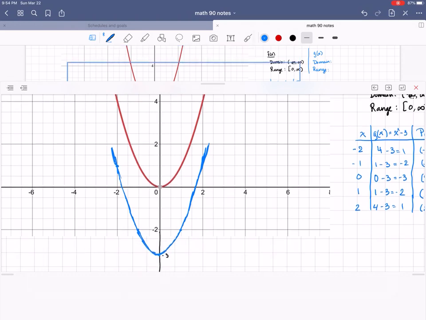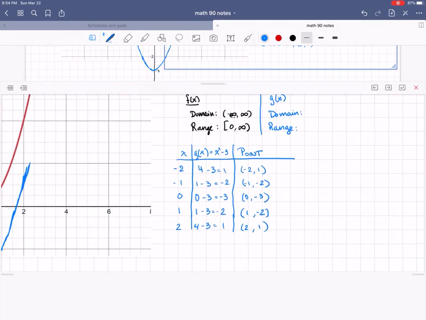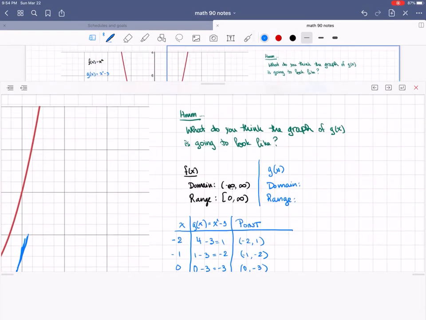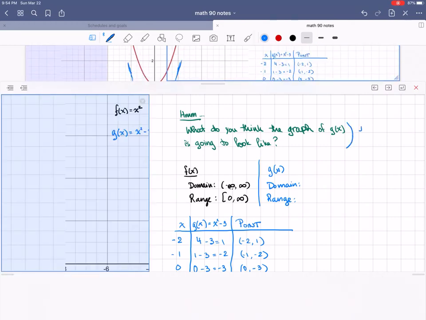And so let's go back to our think about question over here where it says, what do you think the graph of g of x is going to look like? So I'm going to write here, just like the graph of f, just shifted down 3 units.